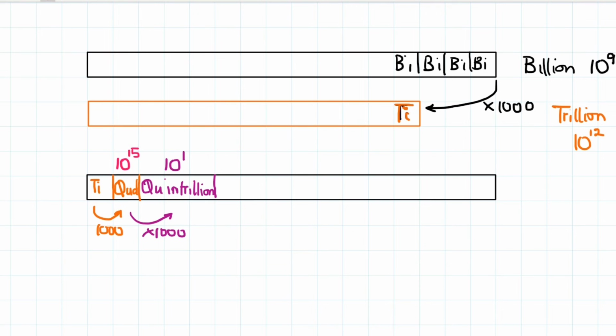To the 18. So we see that as we multiply by 1,000, we are increasing in terms of the exponent, adding 3.